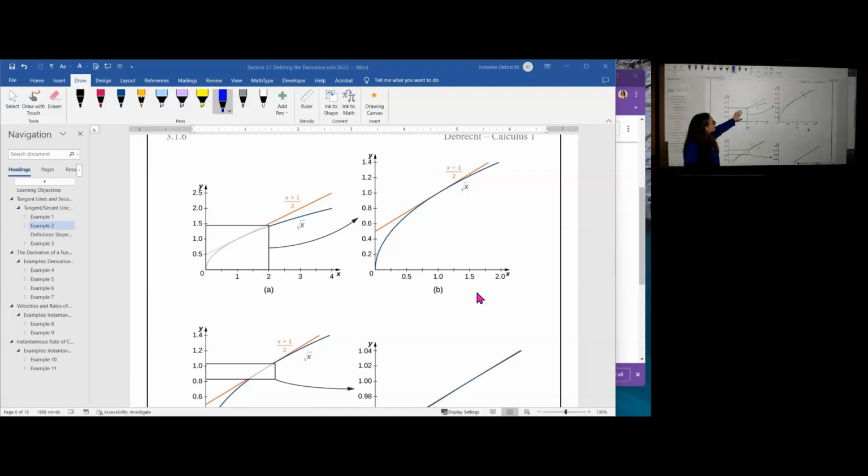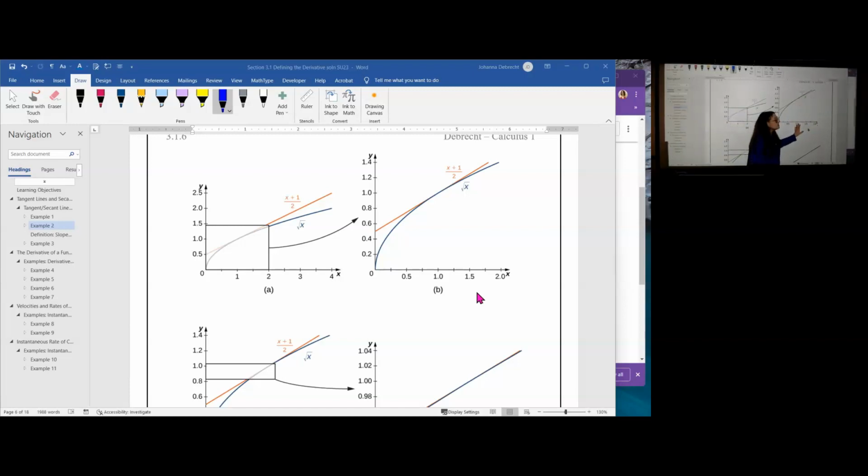When we're looking at this, (x plus 1) divided by 2 is the tangent line at the point x equals 1. We want to zoom in on this part of the graph and look closer near 1 to see what's happening. The first graph goes from x equals 0 to x equals 4, but the second graph zooms in on just this grayed out portion, and it comes in from 0 to 2.